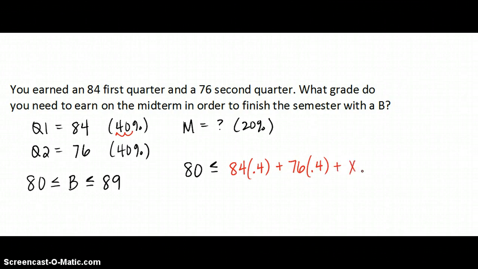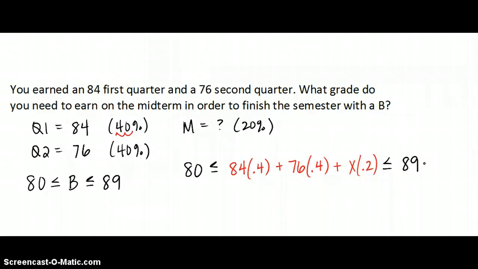We don't know what that is, so I'm going to call it x, and that's weighted at 20% or 0.2. We also know that our upper bound on our grade would be an 89, a B being somewhere between an 80 and an 89. So we can try to figure out exactly what we need to earn on the midterm to get a B for the semester.